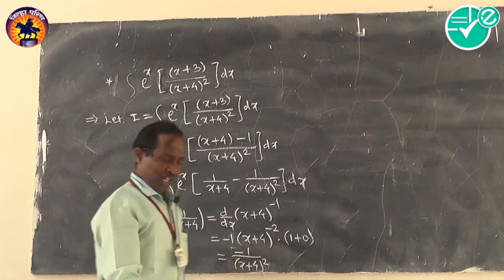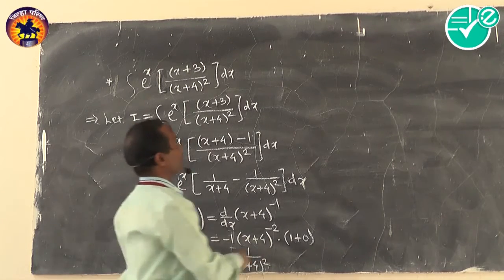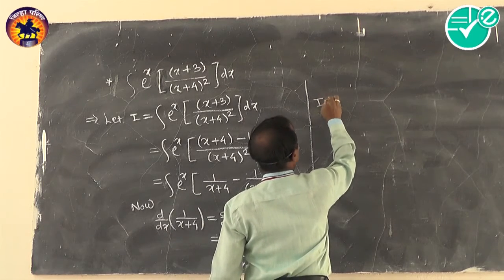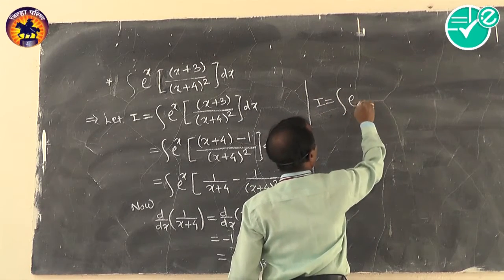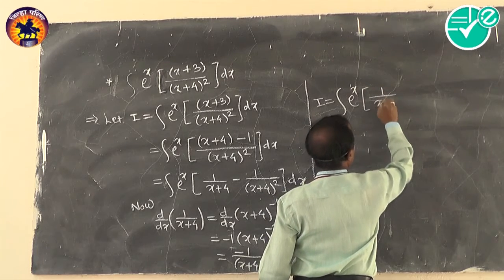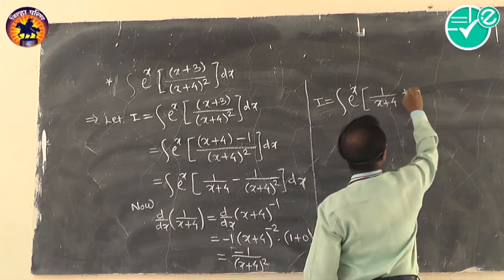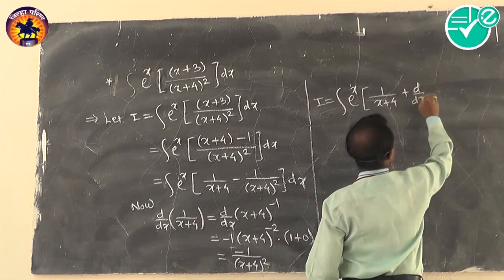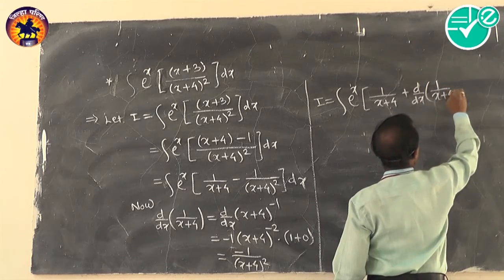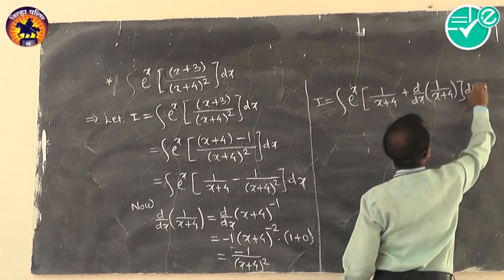So this function can be written as, I can be written as integral of e to the power x into 1 upon x plus 4 plus d by dx of 1 upon x plus 4, dx.